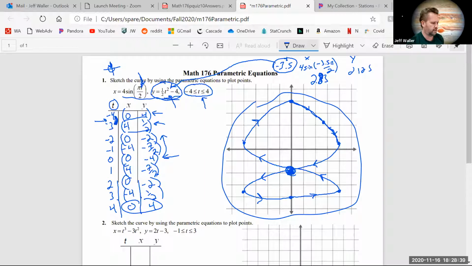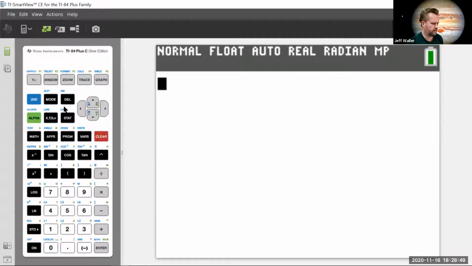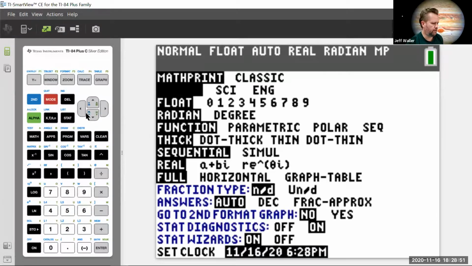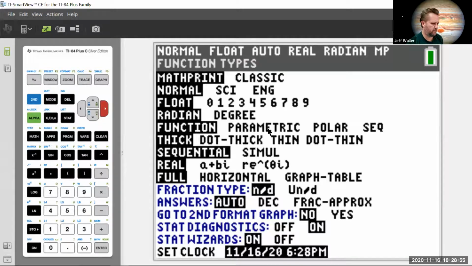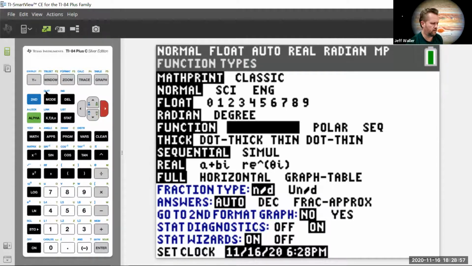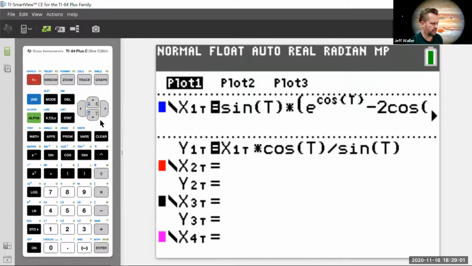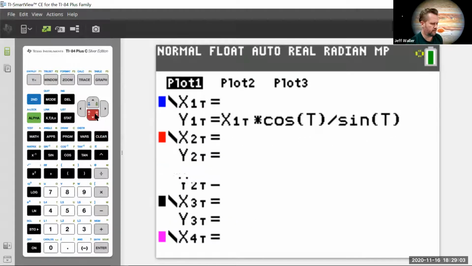So let me share my calculator. All right, let me clear this. Let me go to mode, and remarkably enough, the very first step is to go to parametric mode. So hit mode, parametric. Now if you go to y equals, let me take this stuff out of here.